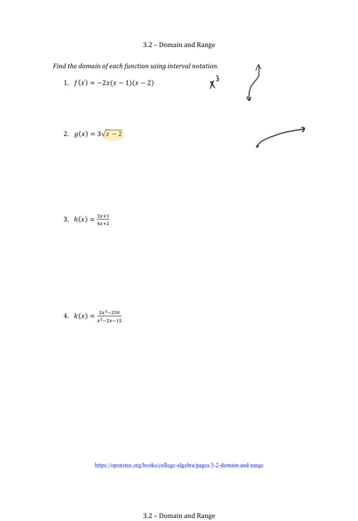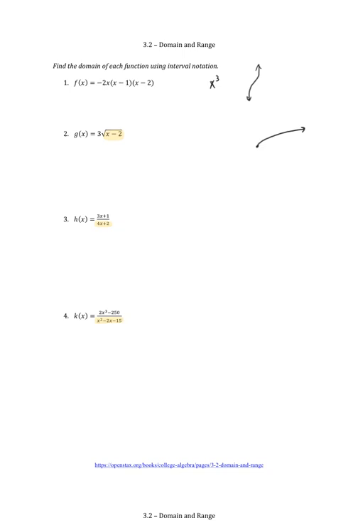In number 3 and 4, what we have to remember is when we have a fraction, the denominator, or the bottom of the fraction, cannot be equal to 0, because that creates an undefined value. We don't want it to be undefined, so the denominator cannot be 0.